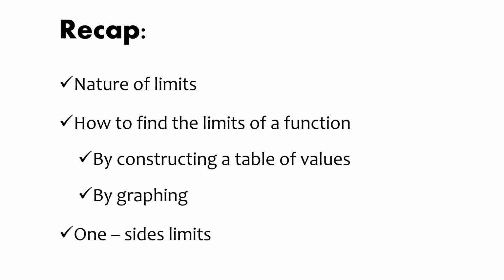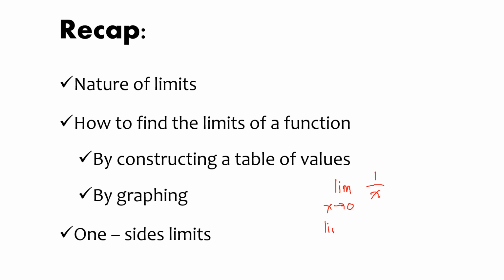In order for us to find the limit of a function, we have to find the individual sides. Let me give you an example so that you remember. If we have the limit of the function 1 over x as x approaches 0, it means we have to find first the left side limit and the right side limit.